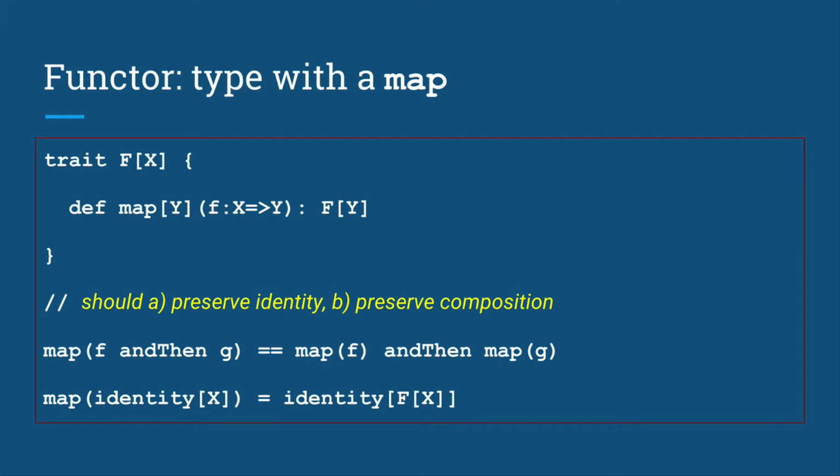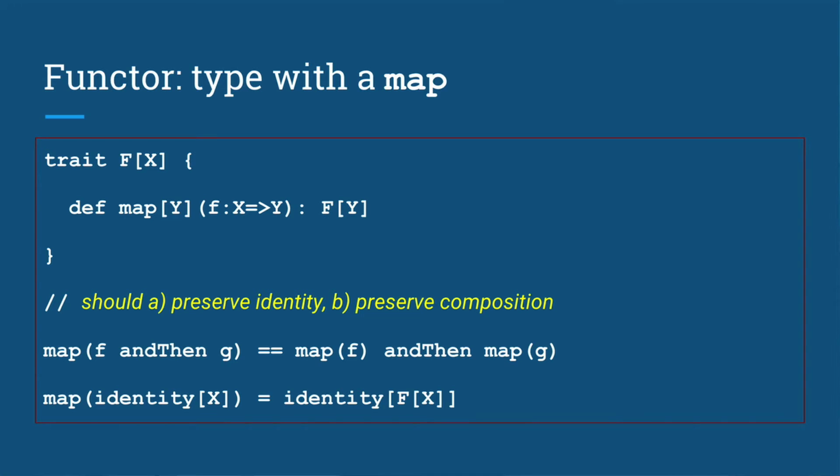So functor. A functor is a type provided with a map function. See, we have a trait F, and it depends on type X, but map depends on another type, Y. And map takes a function from X to Y and produces a value.